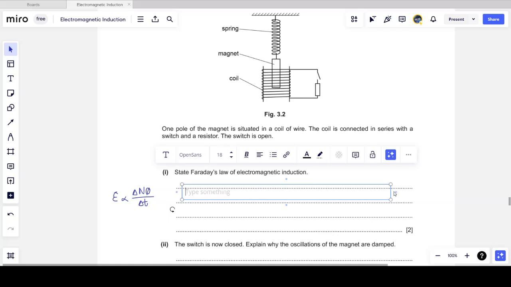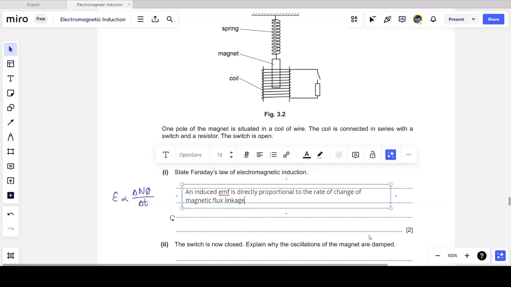So what I can say is that the induced EMF is directly proportional to the rate of change of magnetic flux linkage.